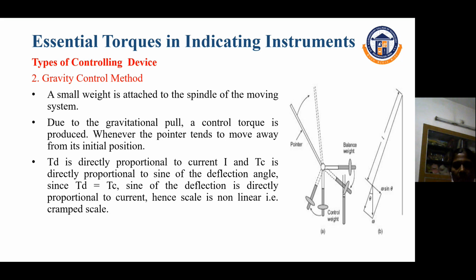The controlling torque is T suffix C, and it is directly proportional to the deflecting angle. So always the deflecting torque and the controlling torque should be equal. So the deflection is directly proportional to the current, hence the scale is non-linear, a cramped scale.